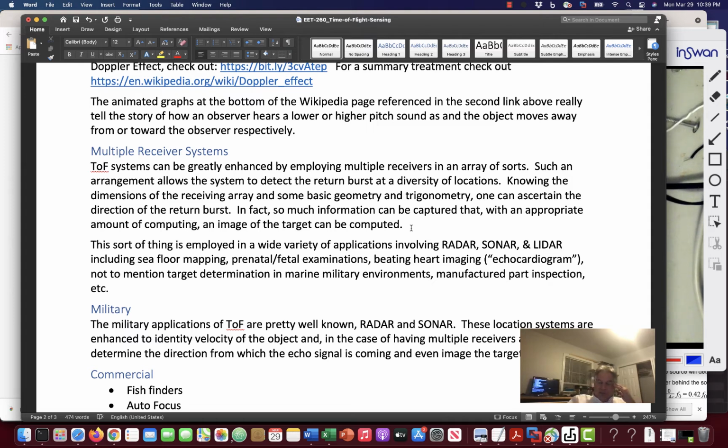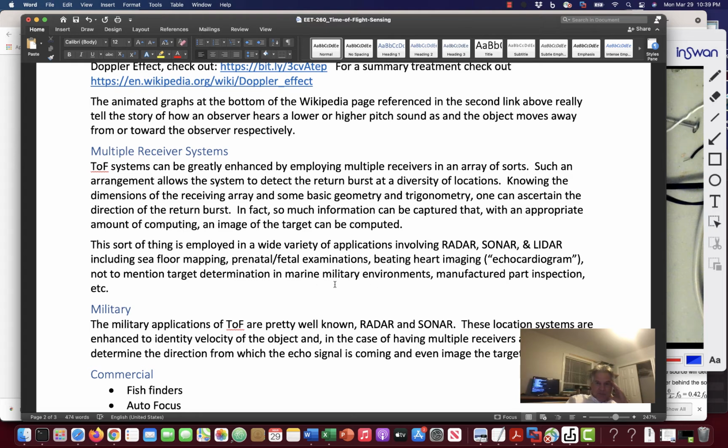The same thing for an electrocardiogram, where they can actually introduce an ultrasound source right into the heart, and then with a multi-receiver array outside the person, they can pick up and create a real-time beating heart image.